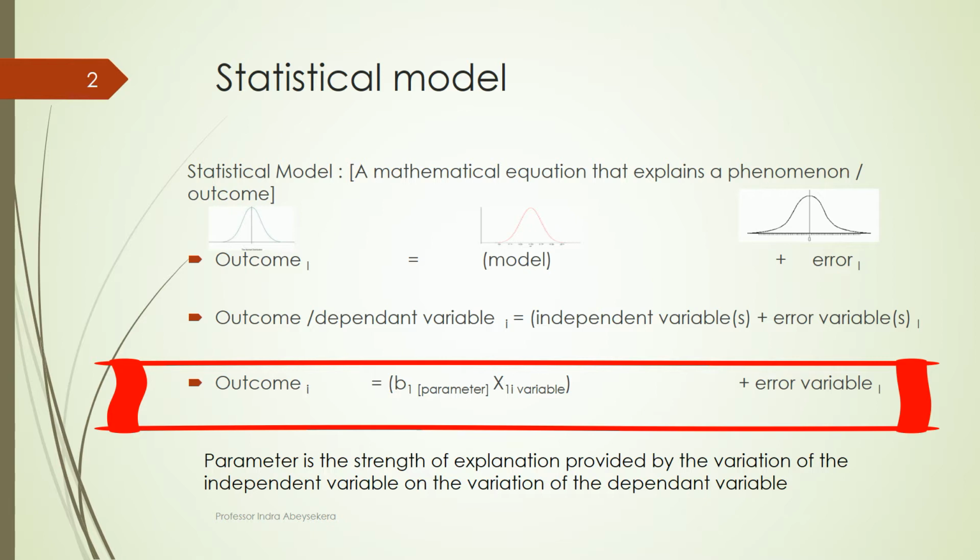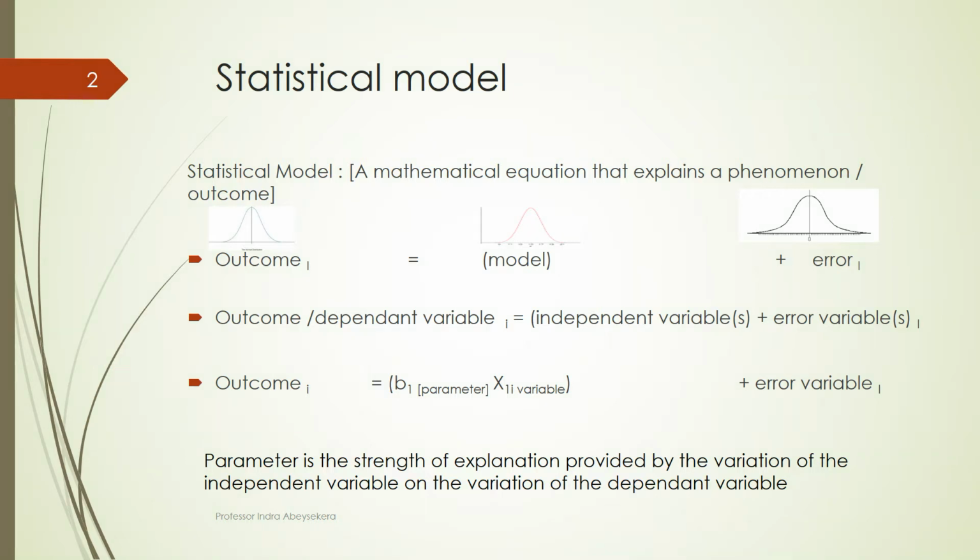So the purpose of a statistical model is to use the variables of interest to explain the outcome, and the strength of the relationship between the independent variable or the variable of interest and the dependent variable or the outcome is depicted by a parameter.